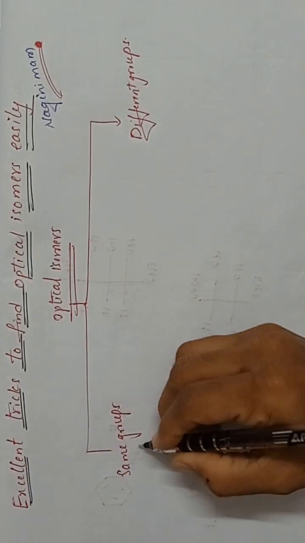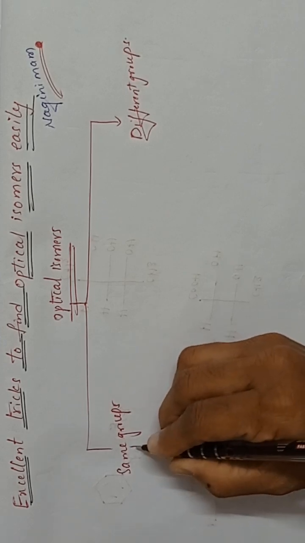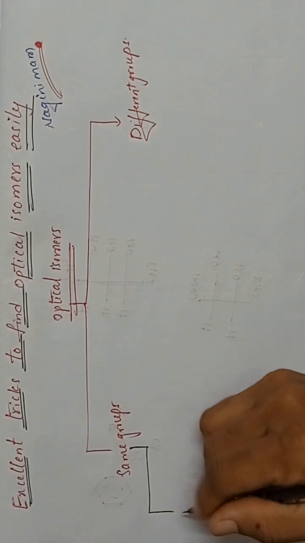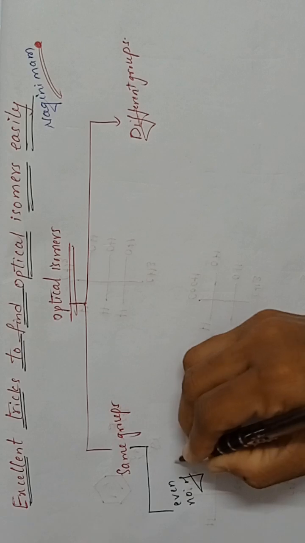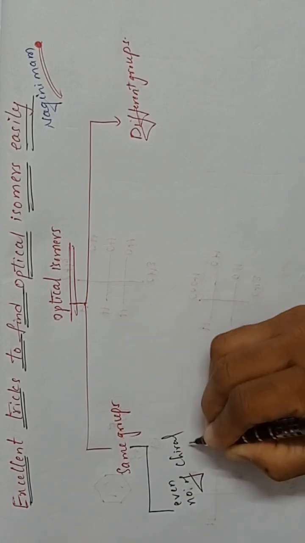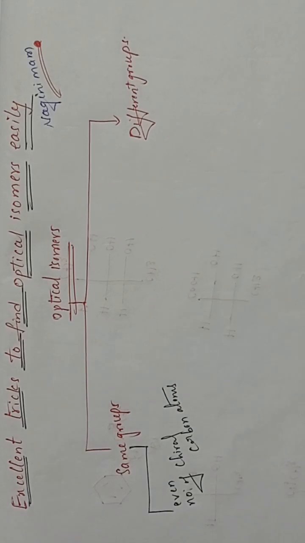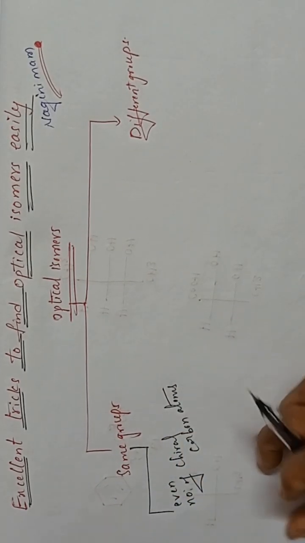Understanding? See here, if an even number of chiral carbon atoms are there in the given compound, it is again divided into two types. Even number of chiral carbon atoms means we have to use different formulas.